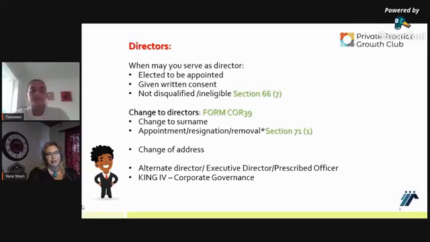And then at the bottom, I've also included the details of other types of directors. Not necessarily on incorporated companies, but you get something called an alternate director. That is in the case that somebody cannot attend a specific meeting, they could have appointed an alternate director.